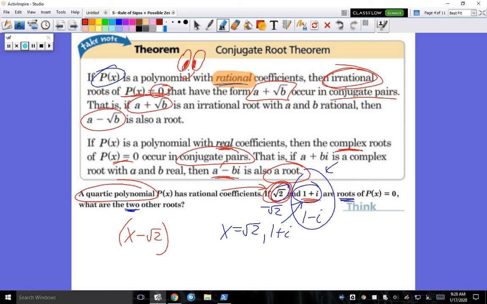I gotta let it marinate for a little bit because this right here is an x-intercept. That would go here to make the factor 0. That's a huge, oh, that's what's happening kind of moment.